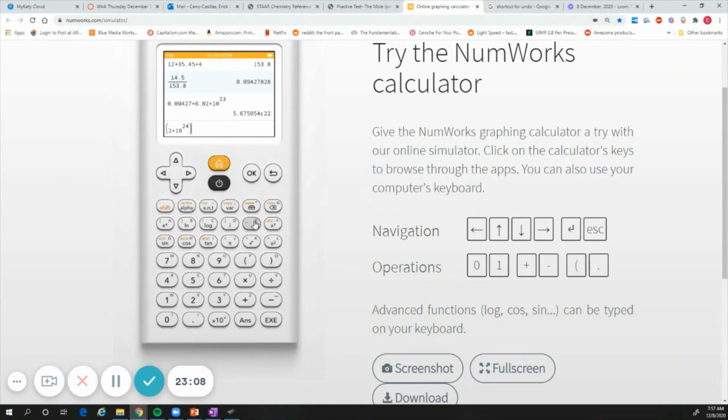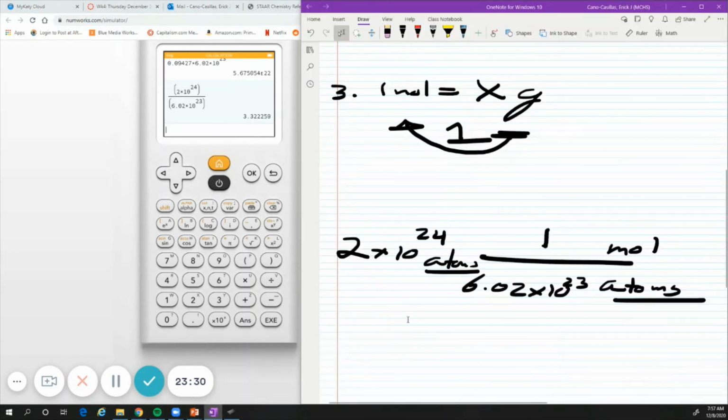Now we're dividing by, this is a super important step if you want to get the answer right. I'll put parentheses again, 6.02 times 10 to the 23rd. Again, hit to the right, and then close the parentheses. Now everything looks nice and neat. You can hit execute, and you get your answer of 3.322.